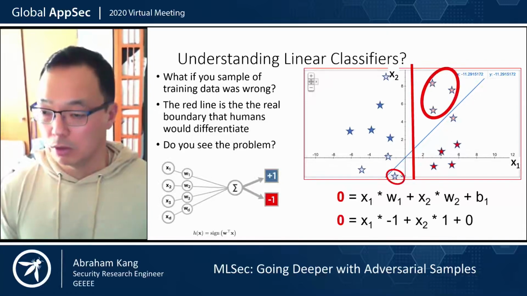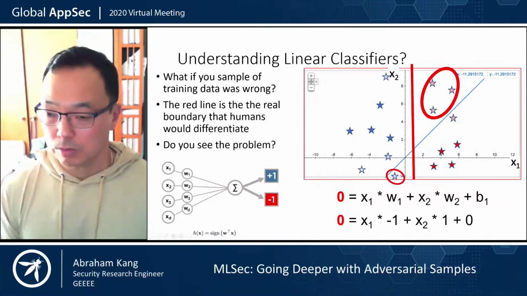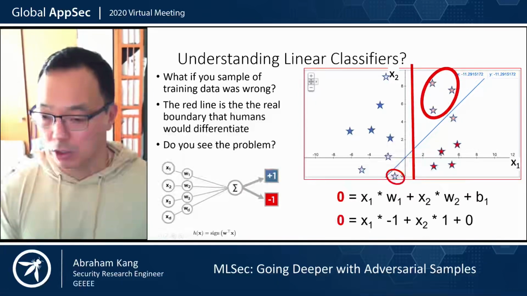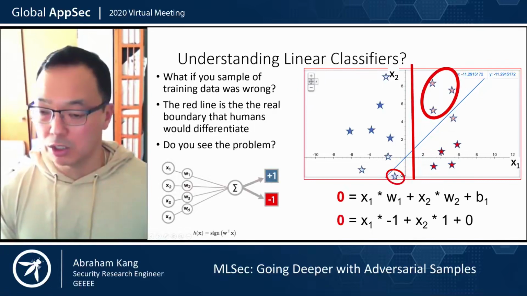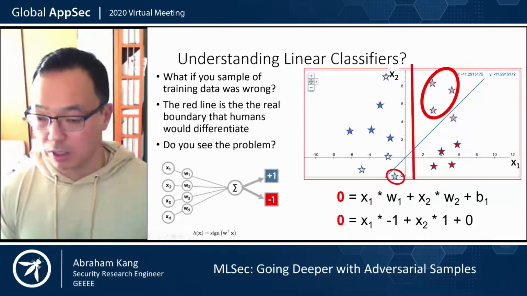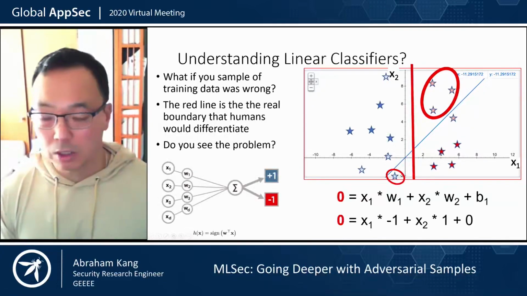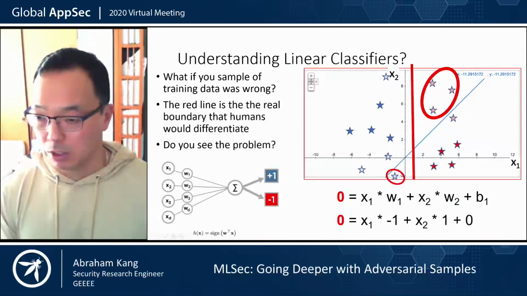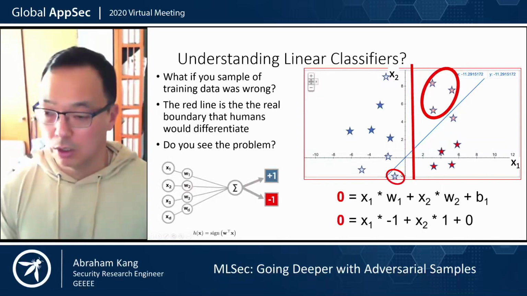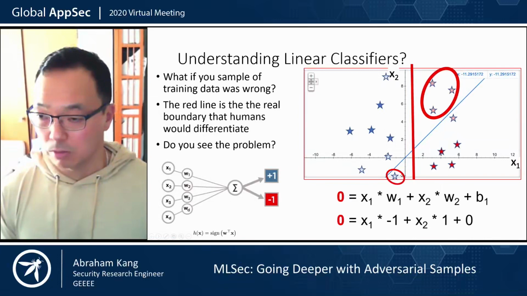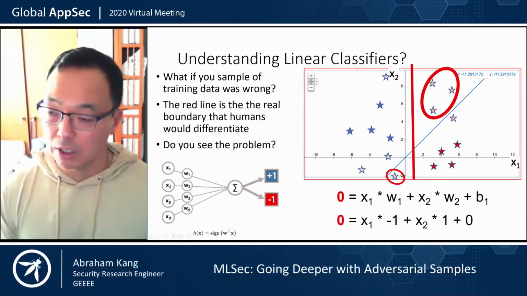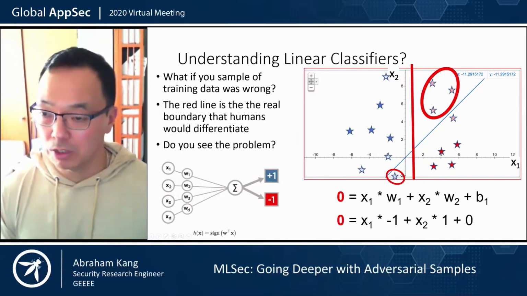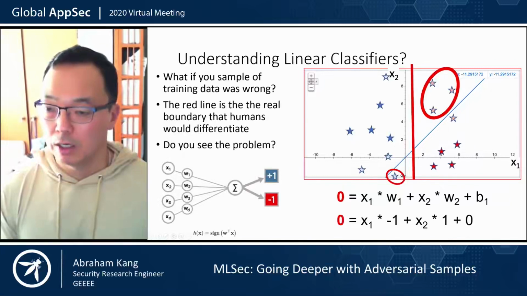So once we push one of these blue points across here, but not across this, because we pushed it across the machine learned boundary, it's going to be reported as belonging to the negative class when it's really a positive class. And it's going to look like a positive class because it hasn't crossed the human boundary. The same thing goes for this location. I'm going to push these negative class points across the decision boundary to the other side of the incorrectly learned machine boundary, but keep them on the same side of the human boundary.